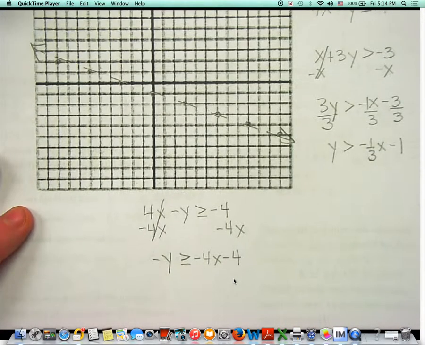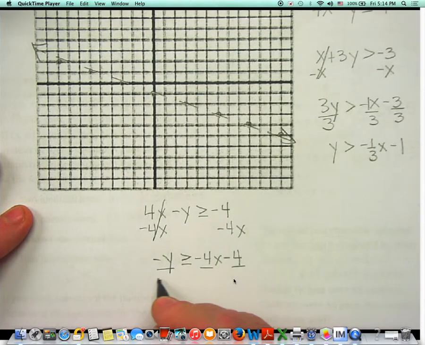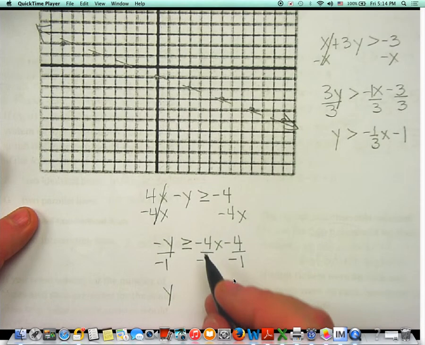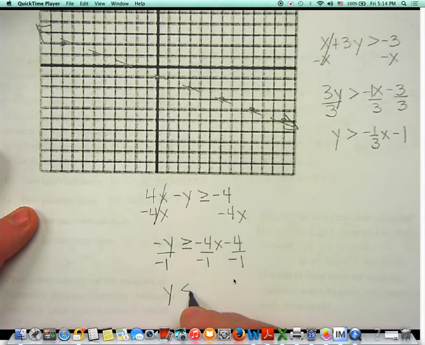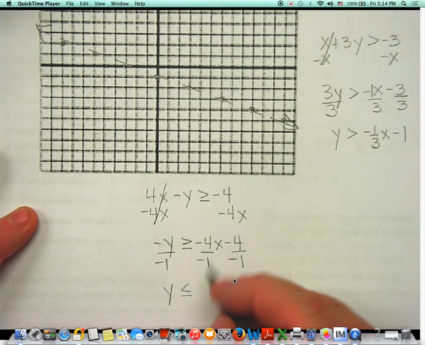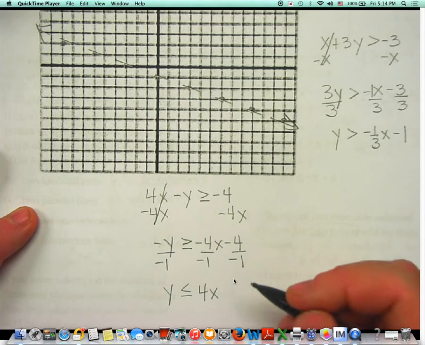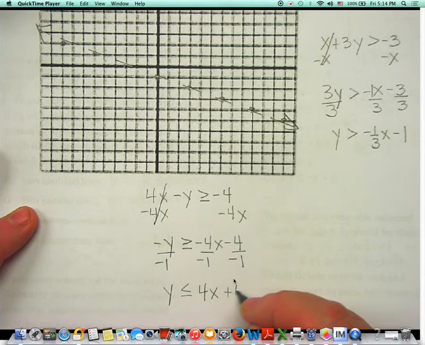Then I'm going to divide everything by negative 1 to get rid of this negative. And so I have y, and because I divided by a negative, I have to flip the sign to less than. So now it's less than or equal to, and negative 4 divided by negative 1 is 4. And negative 4 divided by negative 1 is 4 again, so it's 4x plus 4.